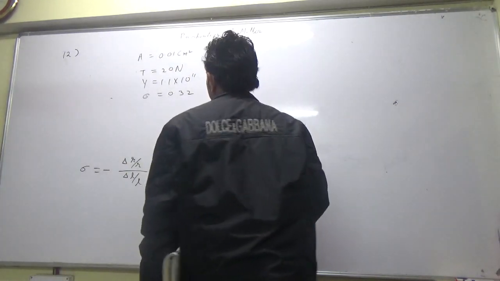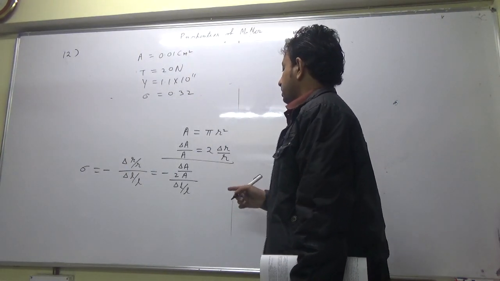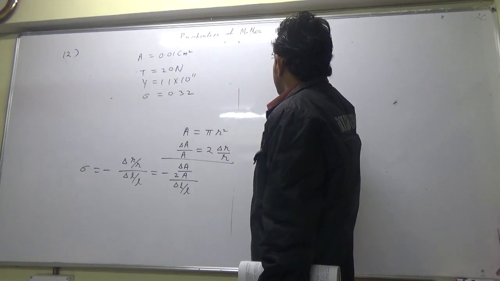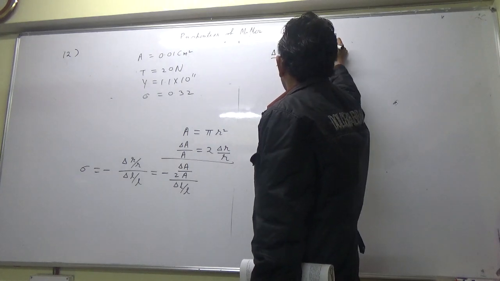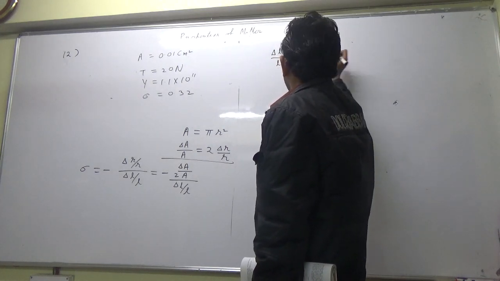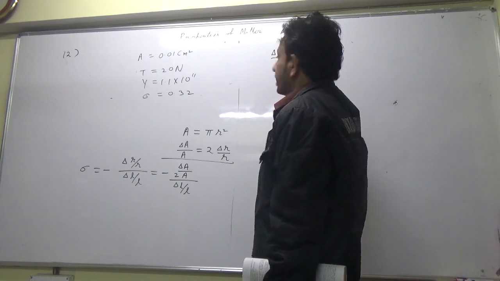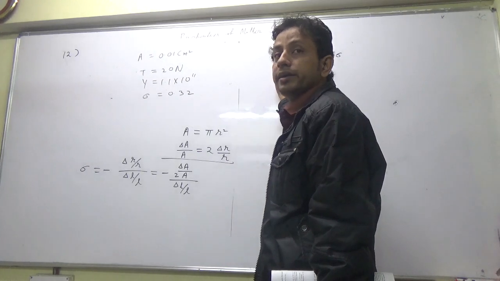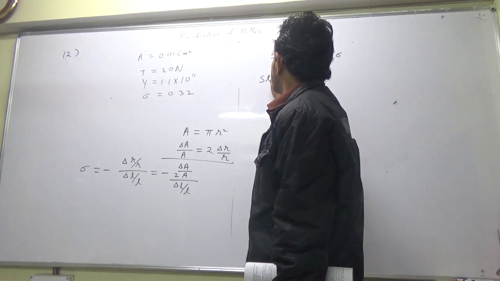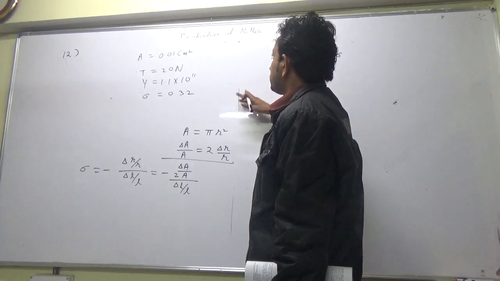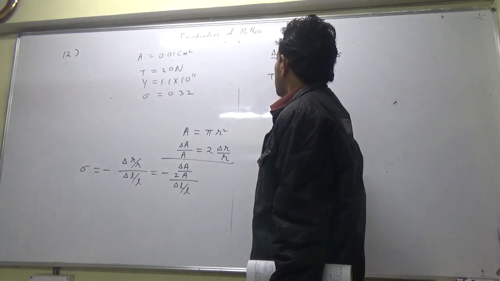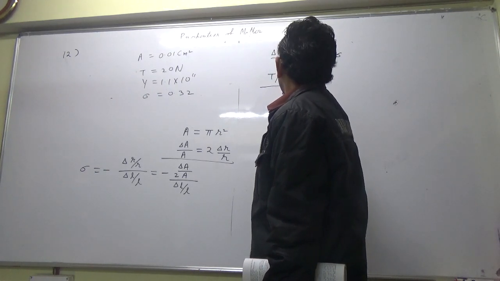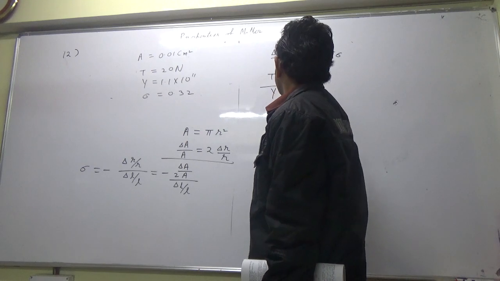Now what we have to do is find delta L by L. So delta L by L will be the change in area divided by Poisson's ratio. Delta L by L is strain, and strain is stress by Young's modulus. Stress we can write directly as tension by area, divided by Young's modulus.